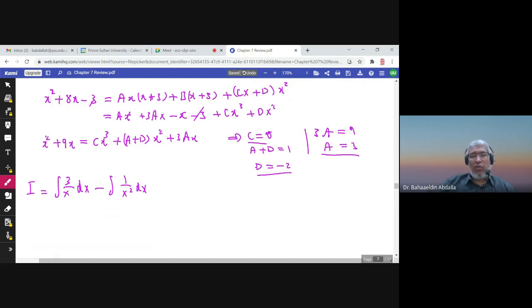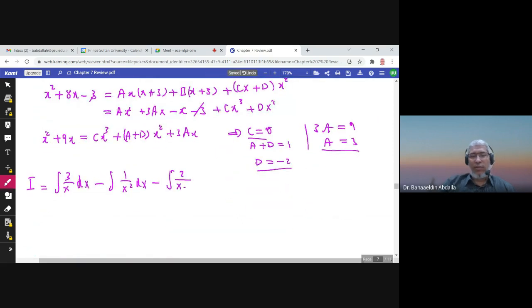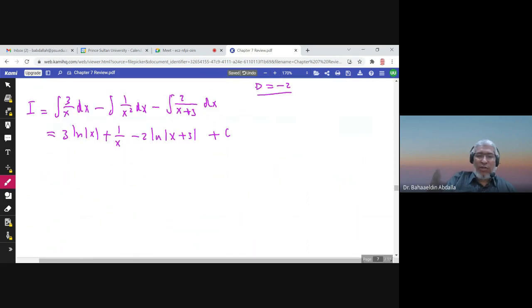So minus integral 2 over x plus 3 dx. And then the answer would be 3 ln absolute value of x. This is x squared, -2, the integral is -1 over x. So this would be positive 1 over x minus 2 ln |x plus 3| plus c. And that would be the answer.